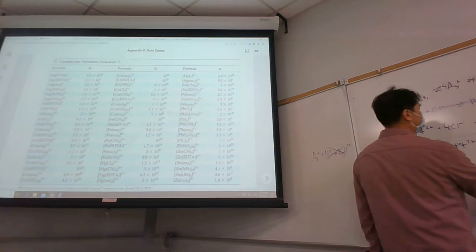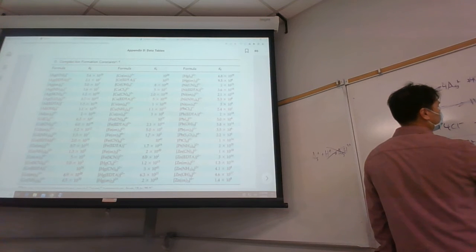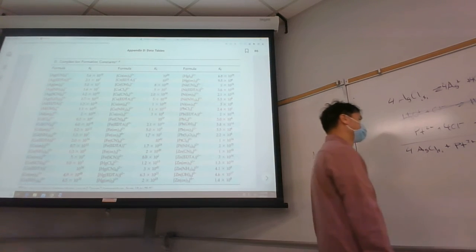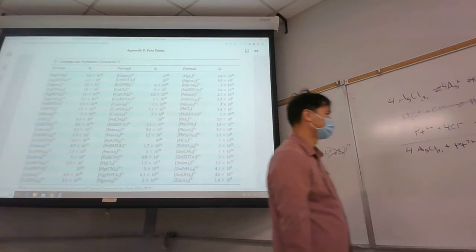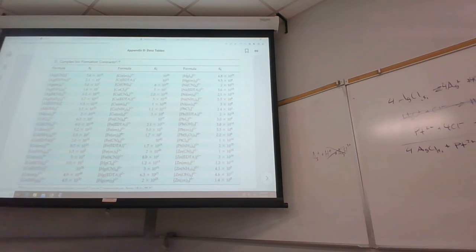Yields 4 Ag plus PtCl4 2 minus. K for this one is equal to KSP, but we multiplied it by 4, so it's going to be KSP to the 4th. And then this is KF times KF for PtCl4.